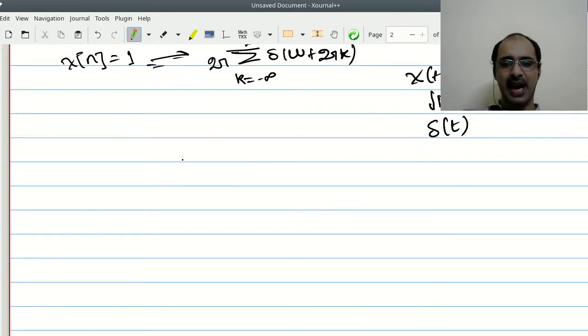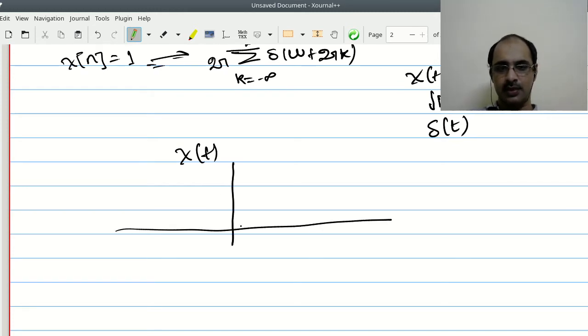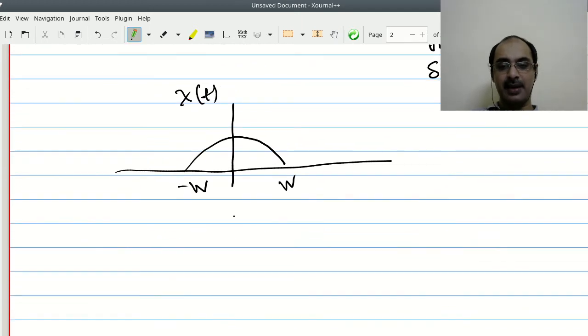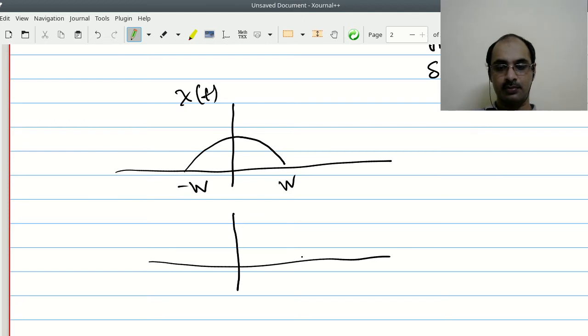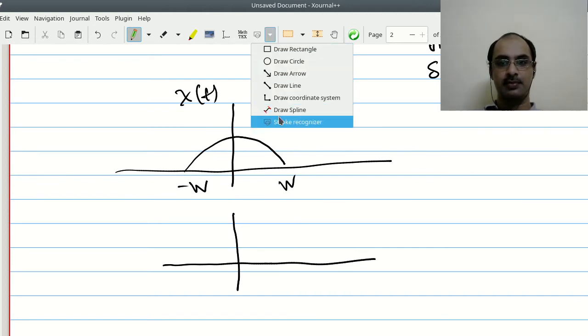Let's say you have a band limited signal x of t, band limited to have a range of values only between minus W and W. And suppose that we sample it at more than 2W.